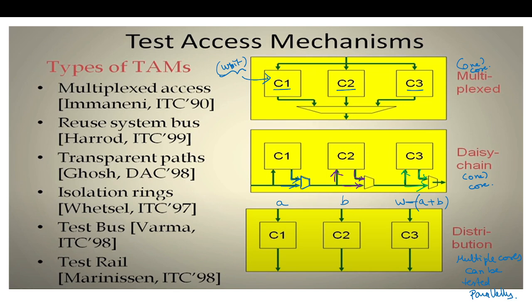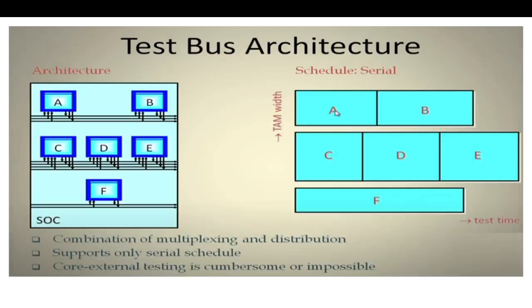In that we distribute the W bits into W scan chains, for core 1, core 2, and core 3, or say line 1, line 2, line 3, and on each line we can have a multiplexer based approach for multiple cores.